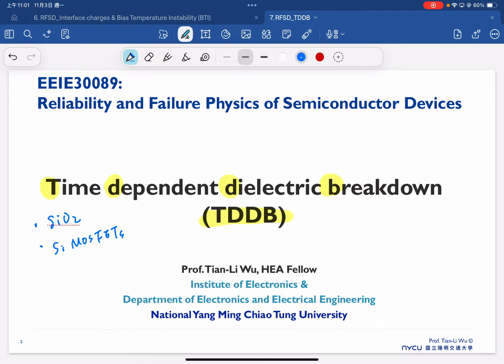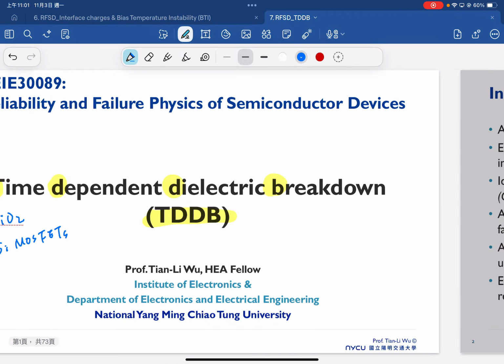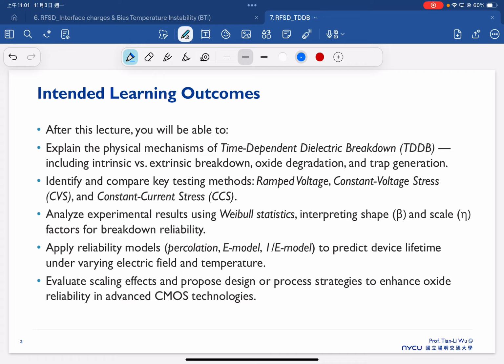semiconductor technologies. So first, what you will be able to learn here. First, for sure, to understand the physical mechanism, which is always our goal here, especially to understand the difference between intrinsic and extrinsic breakdown.